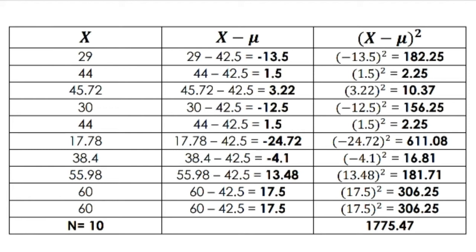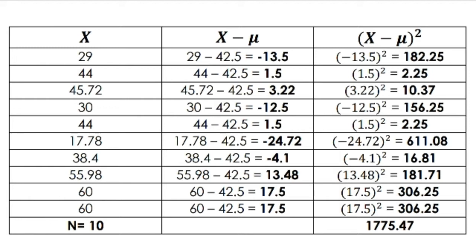And now, let's move to the population variance. First, we just need to subtract our given x to the population mean or mu. Our x is 29 minus the mu, which is 42.5, and it's equal to negative 13.5. Then negative 13.5 squared is equal to 182.25.